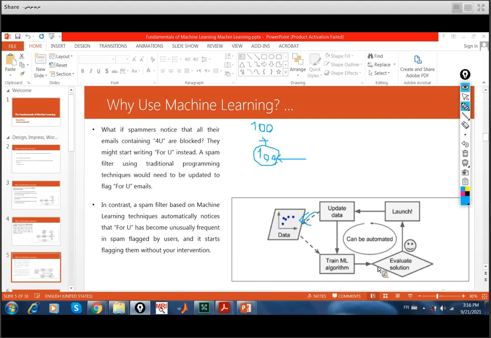For example, if we have a deep neural network, we use part of our data for training, and the rest of the data we can use to test our algorithm. This is an advantage of machine learning algorithms.